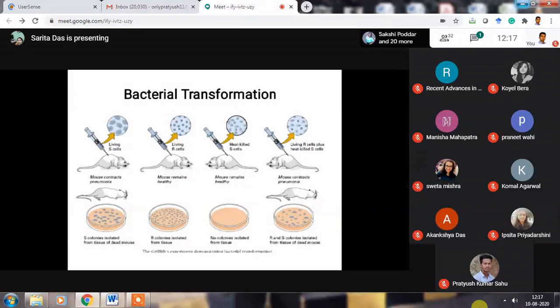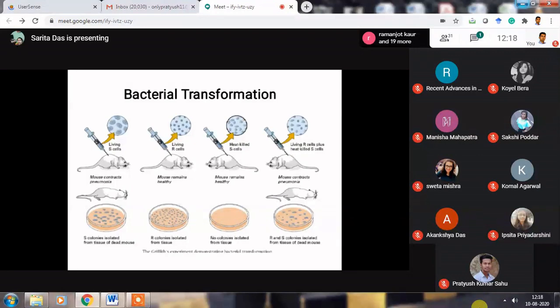Instead, he left it as a transforming principle. There is something being transferred from the virulent S form to the avirulent R form and converting it to be virulent. This mystery remained for many years, and it was not resolved what the transforming principle is till the discovery by three scientists in 1944, Avery, MacLeod, and McCarty.